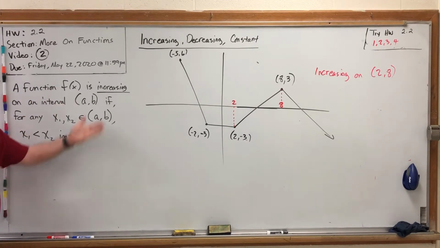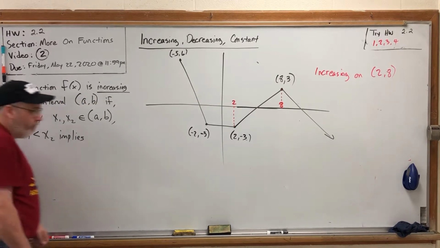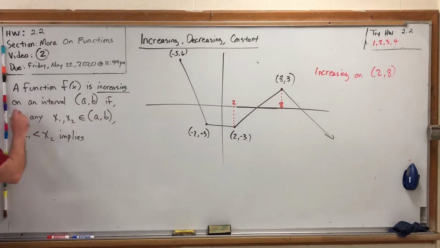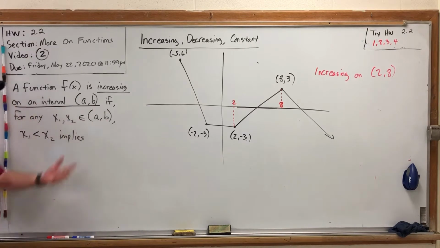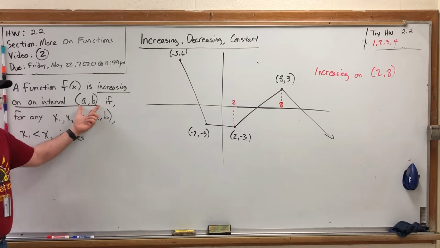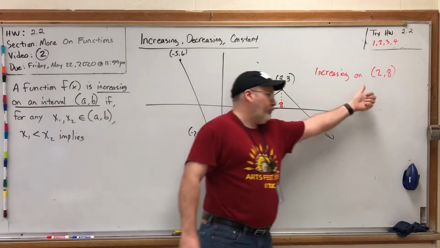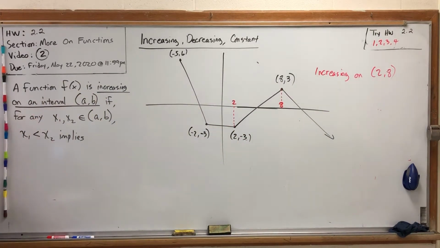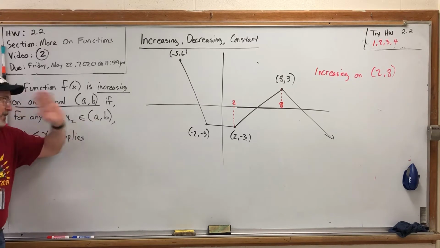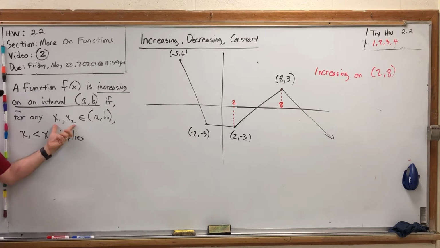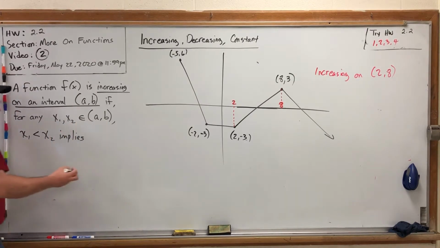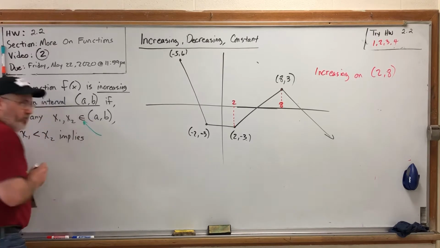A function f of x is increasing on an interval. Now, when you define things, you have to define them as generically as possible. So I am setting up a generic interval saying from a to b. Specifically, it's from 2 to 8 over here. Generically, we'll say from a to b. A function is increasing on an interval a to b if for any 2 x values, an element of the interval, and I've just realized that I'm using this symbol for the first time.